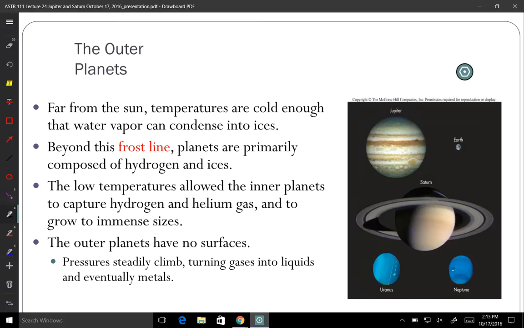And of course, hydrogen being the most prolific gas in our solar system, indeed in our universe, you can start holding on to this hydrogen, so you have so much more you can grab onto that the little protoplanets and planetesimals that formed out there were able to grow to immense sizes much more rapidly. And they have much lower densities because they're holding on to materials that tend to have lower density. So the frost line is basically the separatrix between the terrestrial planets and the gas giants.